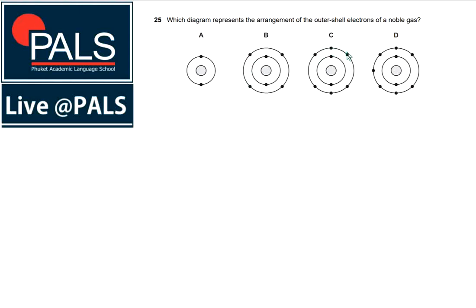The outer shell for C has 6, and letter D has 7. So they are not complete, except for letter A, which is the arrangement of helium, which is also a noble gas. So the correct answer is letter A.